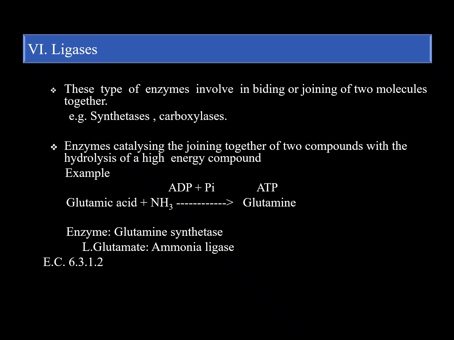Now we move to the sixth class, ligases. Ligases join two molecules together. This joining usually requires energy, commonly from ATP. Ligases form bonds like carbon-nitrogen, carbon-oxygen, and carbon-sulfur bonds. Ligases are important in synthesis reactions.